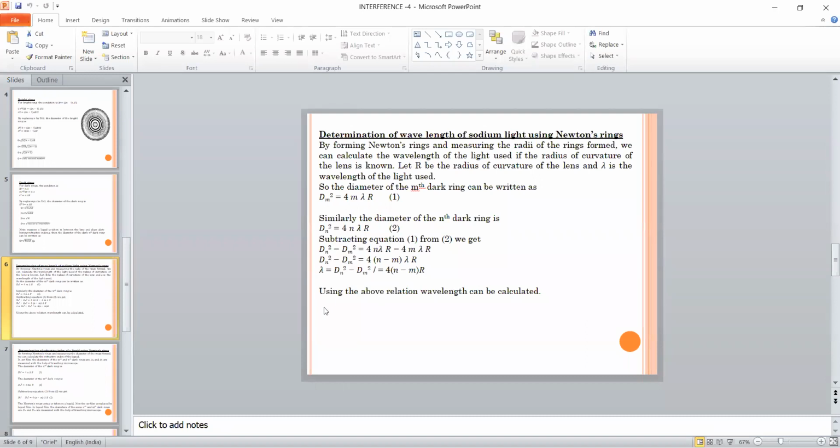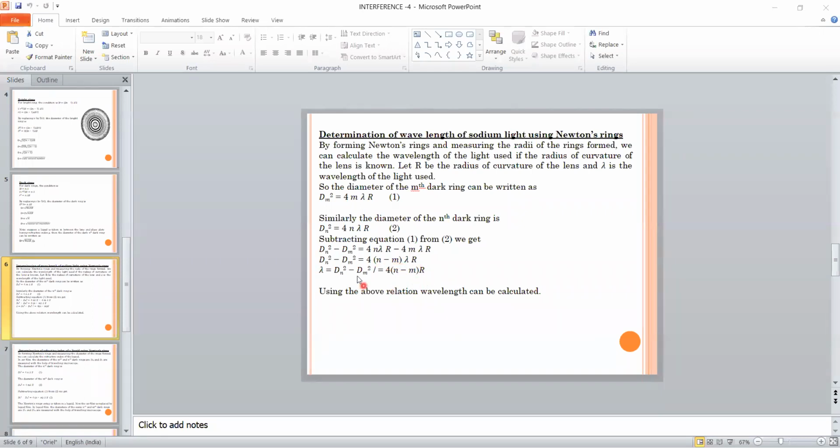Here 4 lambda r are the same, so taking 4 lambda r common, we get 4 lambda r into n minus m.